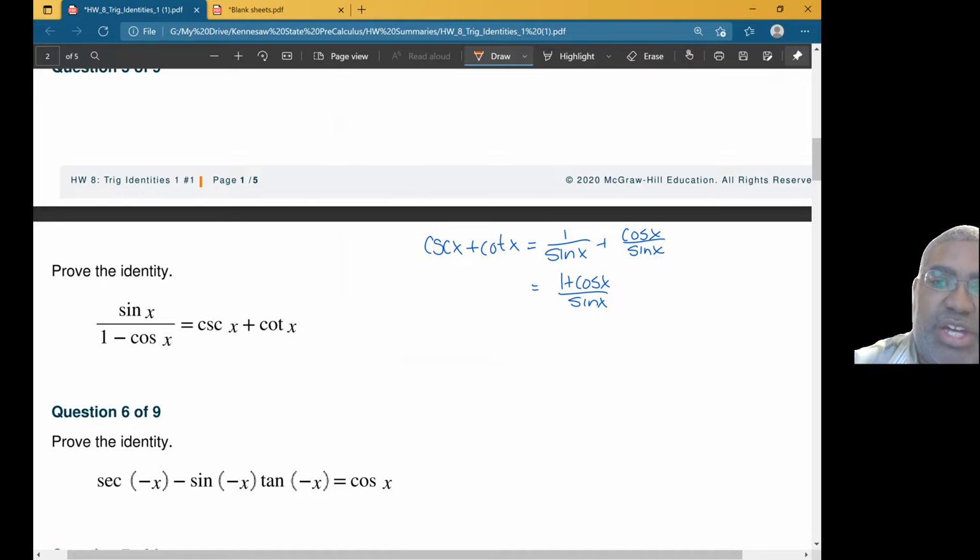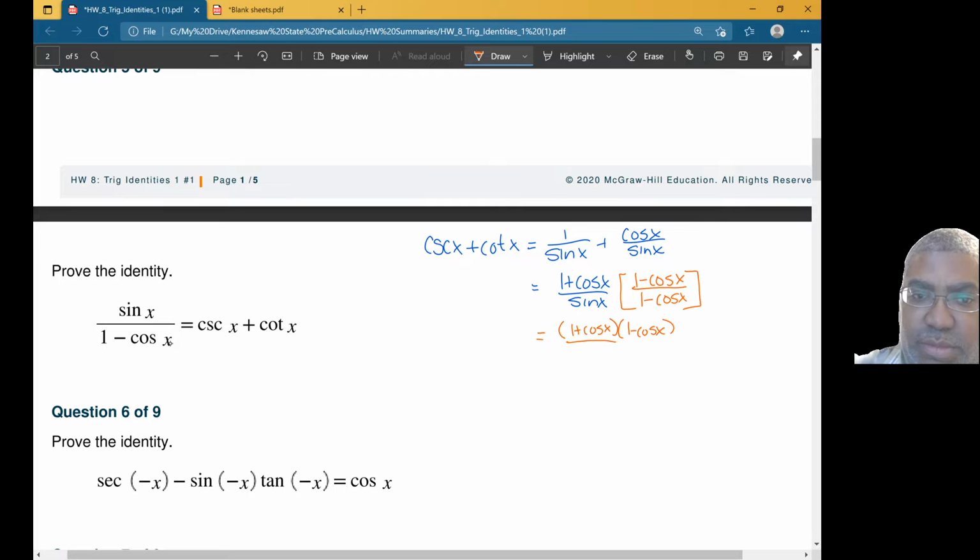I'm going to multiply by the conjugate of the numerator, 1 minus cosine x over 1 minus cosine x. When we multiply this, we get 1 plus cosine x times 1 minus cosine x over sine of x times 1 minus cosine of x.